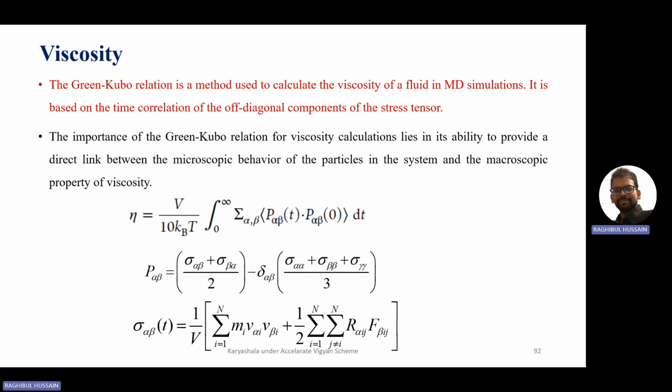So Rxyj, how will it be? This is my vector addition, right? Rxi, Rxj.